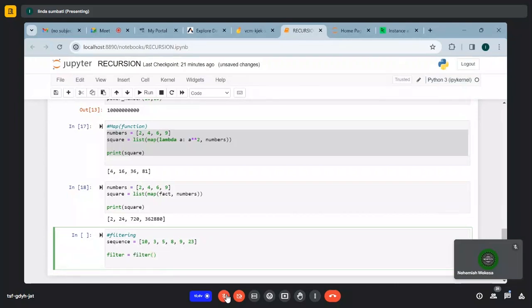Then it applies on the lambda, and let's say we have an argument b, and we want to check if b is greater than 3. Then the sequence.